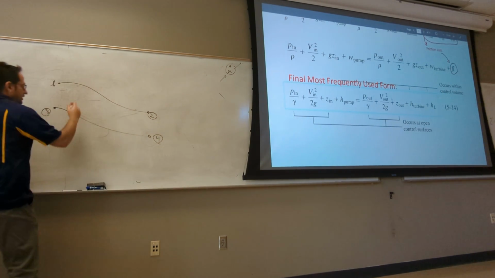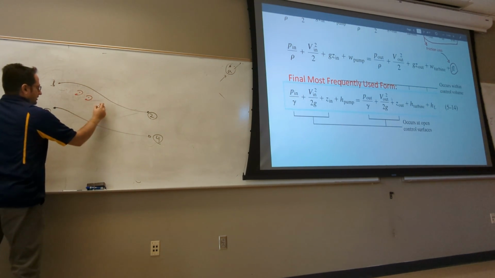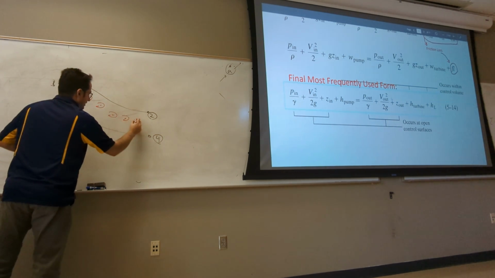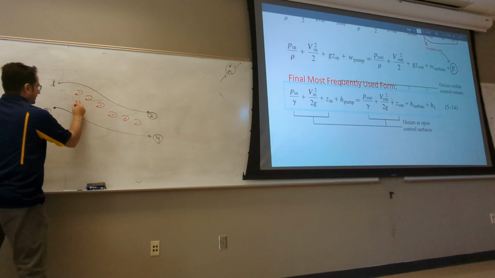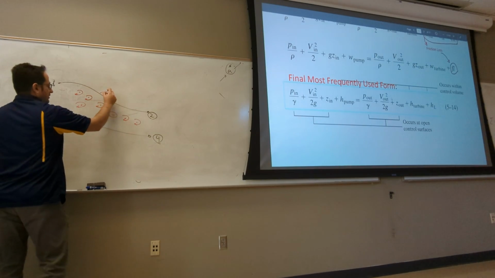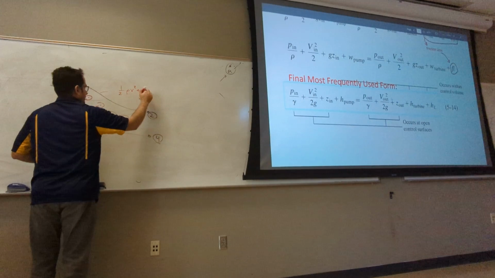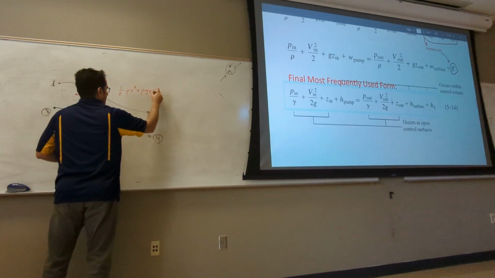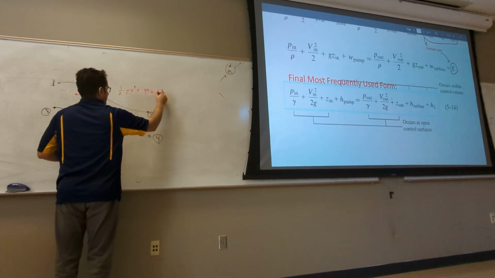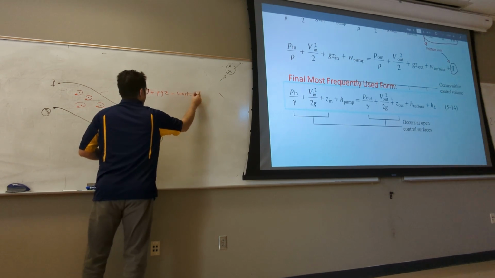Now, assuming that we have rotational flow, so every particle here is kind of rotating. You see that? So you have kind of twist. Now you can say that across this streamline I have 1/2 rho v squared plus P plus rho gz is equal to constant, say C1.